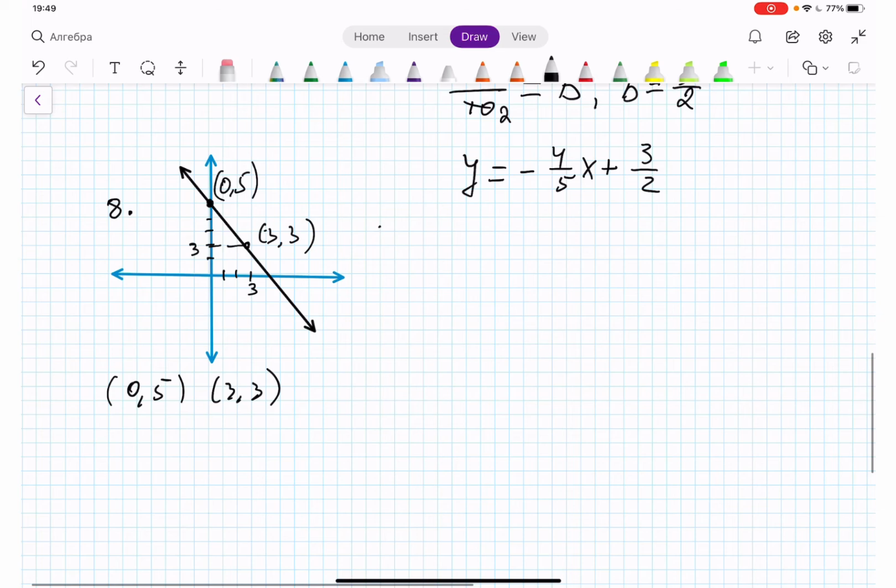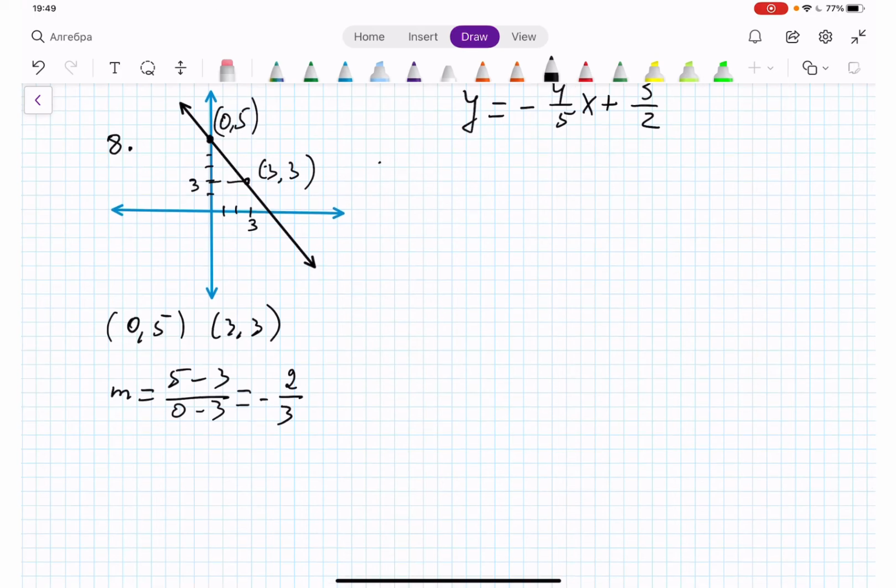So I'm doing slope is equal to 5 minus 3 over 0 minus 3, which is equal to negative 2 over 3. As you can see, the slope is negative and the graph is going down. Now we need to find the y-intercept. So I'm taking the first point, y is equal to 5.